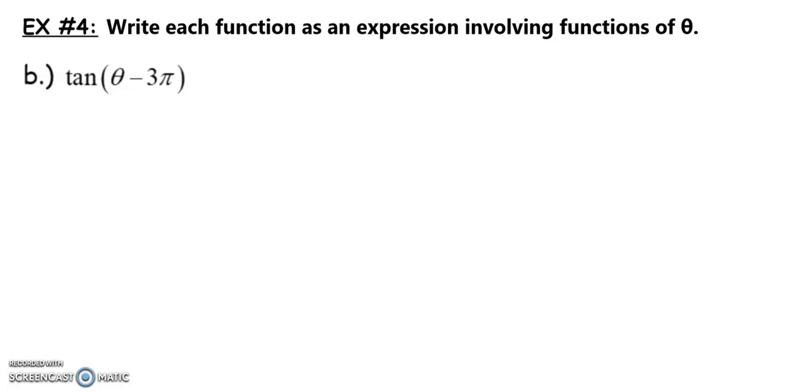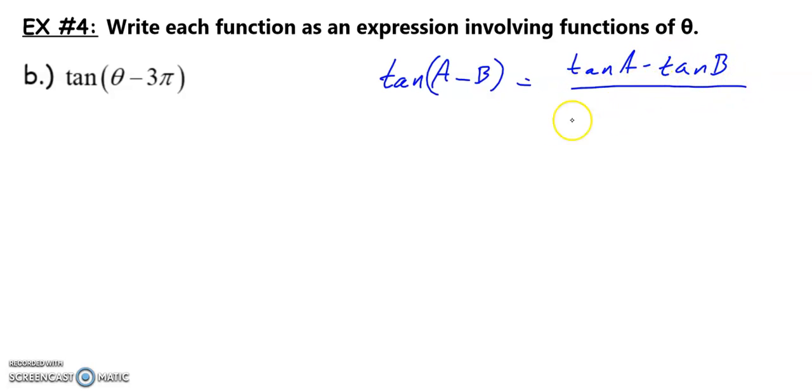Now let's try our difference of tangents. So again, we're doing tangent A minus tangent B. So the tangent of A minus tangent B, that's going to be the same as tangent A minus tangent B all over 1 plus tangent A tangent B. And of course, A is theta and B is 3 pi.